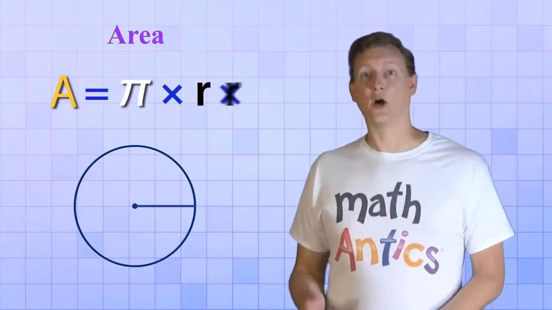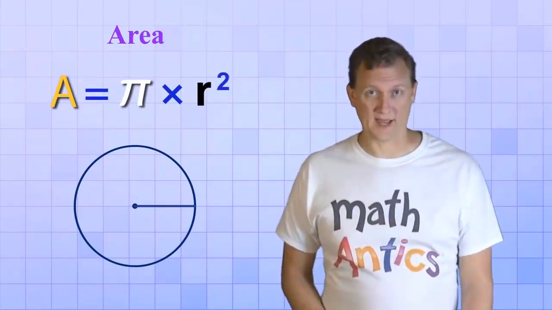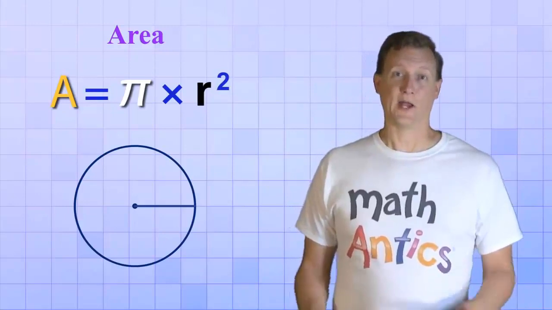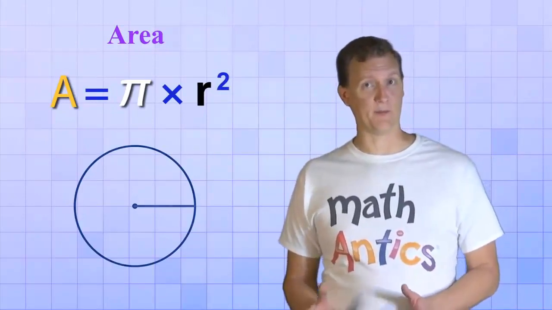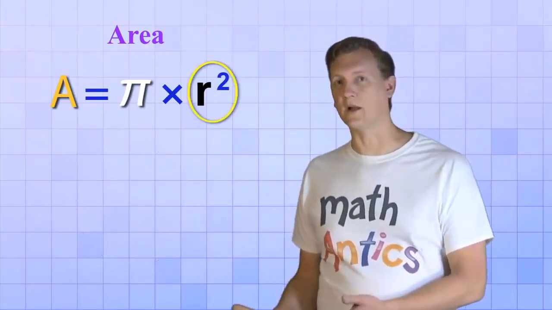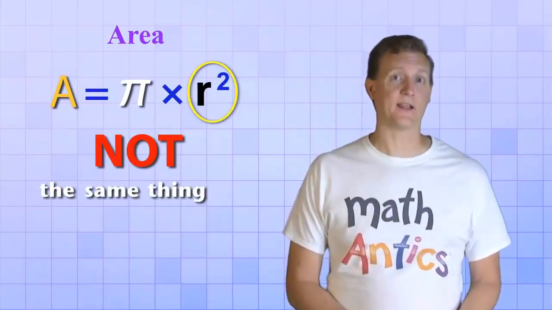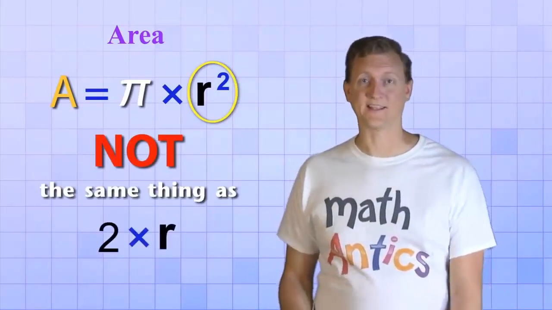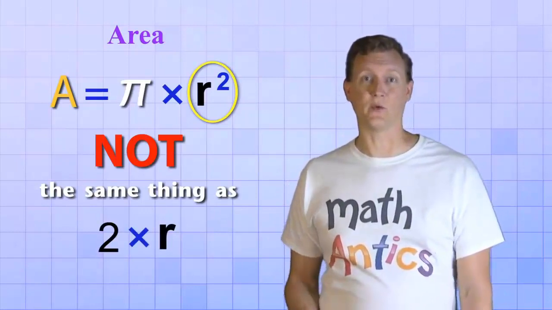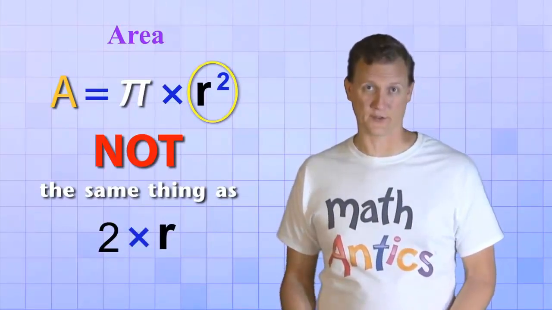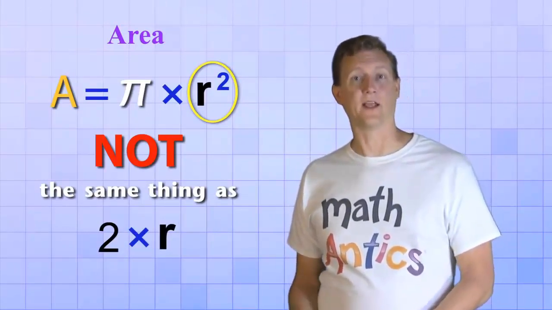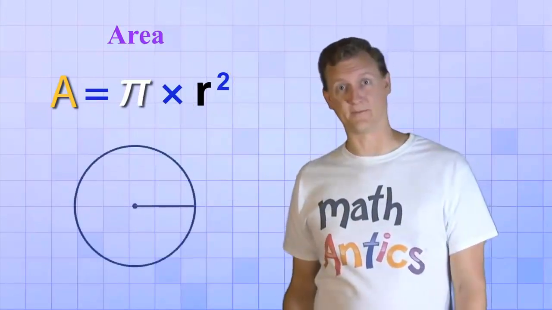But we write it in the r squared form because it's more compact. Oh, and one really important thing to keep in mind is that r squared is not the same thing as 2 times r. That's a common mistake that students make when first learning how to find the area of a circle. And if we look carefully at both of our formulas, you'll see why.